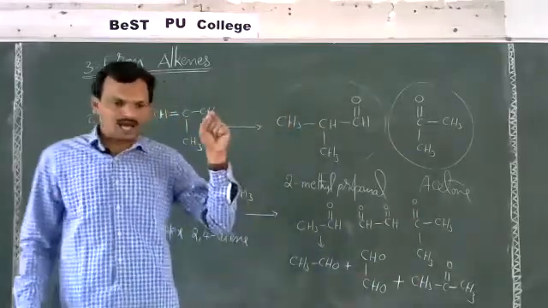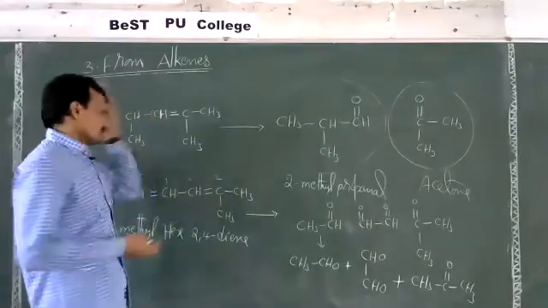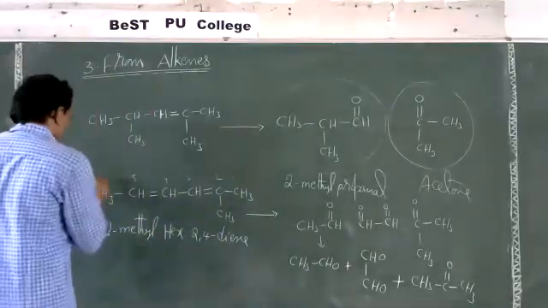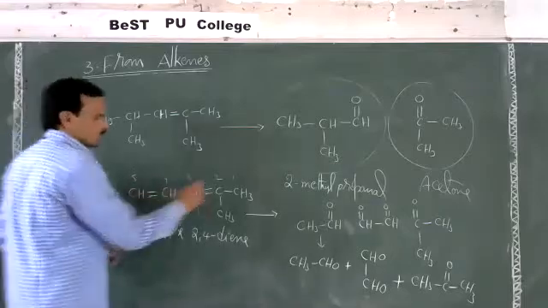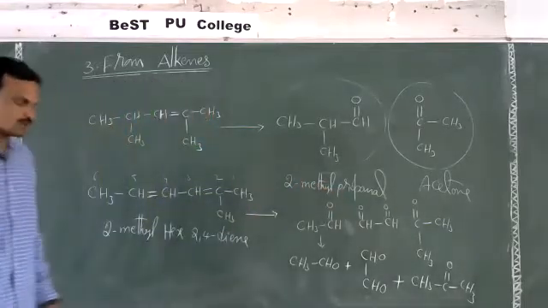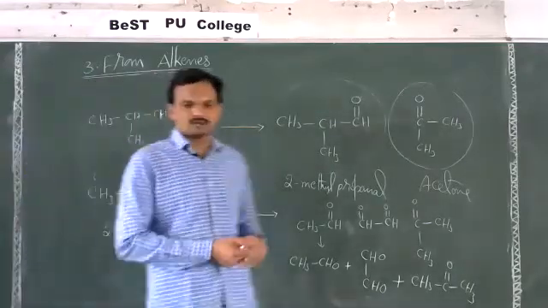So if they give an alkene and you want to find out the ozonolysis products, just remove the double bond between the two carbon atoms and take double bond O at each carbon atom, that gives the products. Okay, like this we can find the ozonolysis products of an alkene.